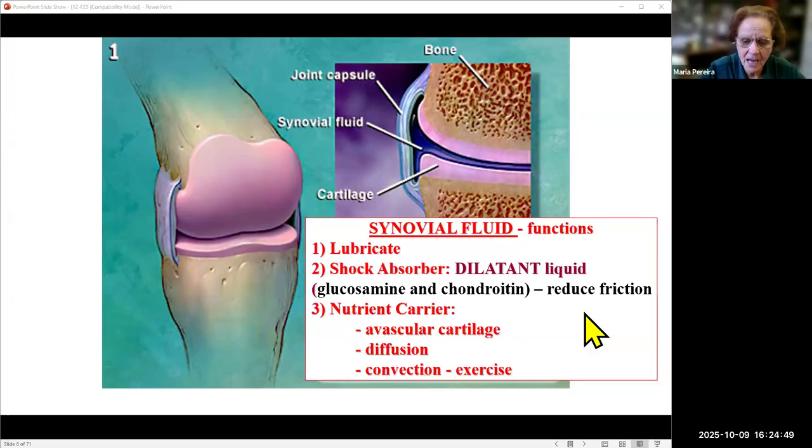And this property of being a dilatant liquid is provided by glucosamine and chondroitin, which are proteins that allow the synovial fluid to have this dilatant property.